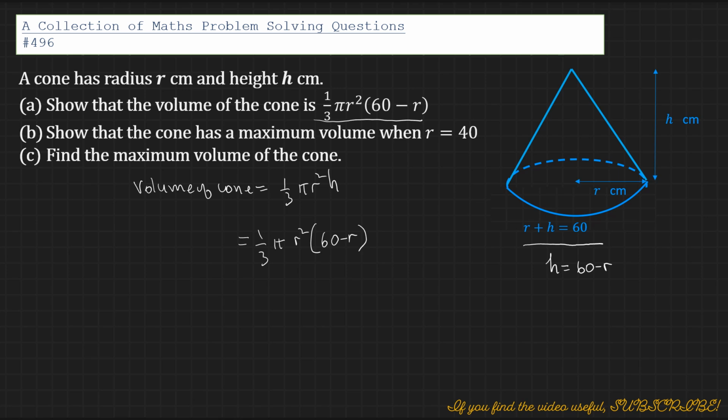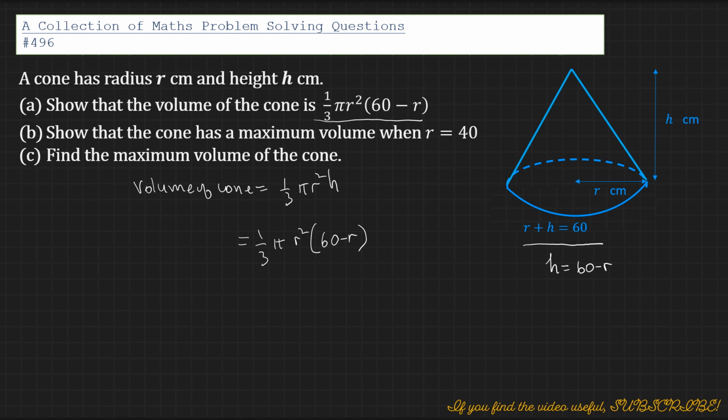The next is show that the cone has a maximum volume when r equals 40. So we have to do some work here. The first thing to do is to differentiate the volume with respect to r.